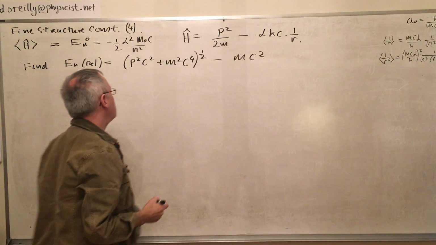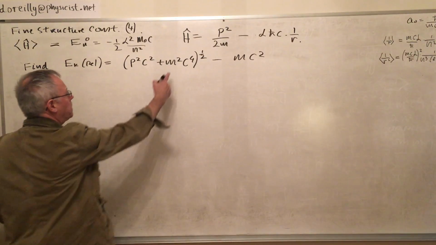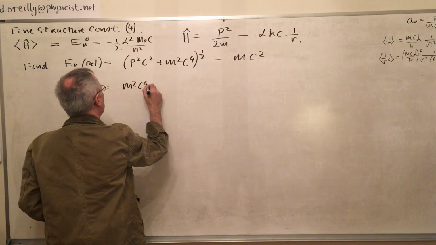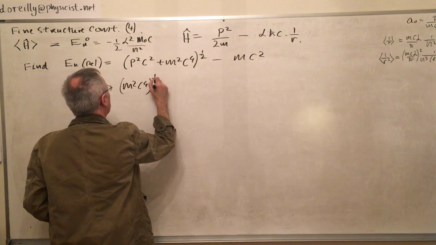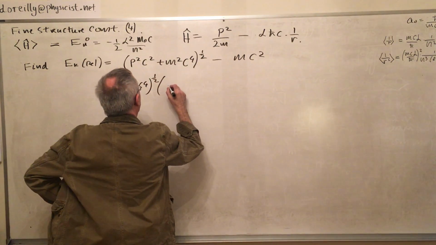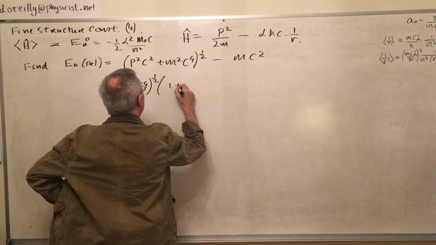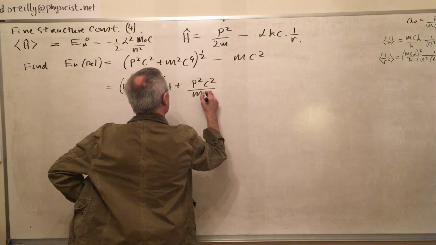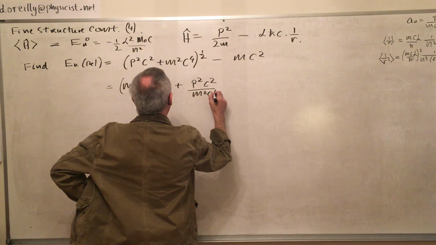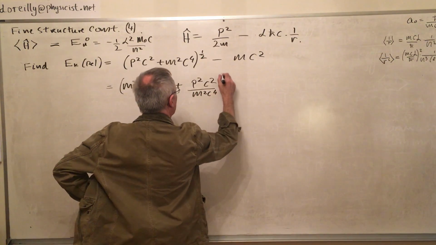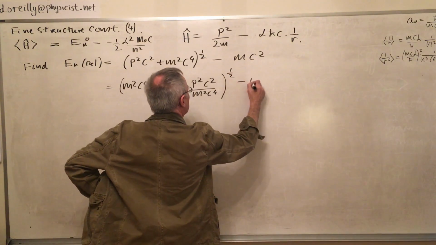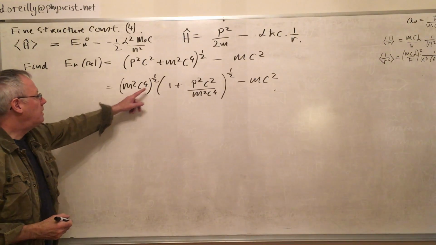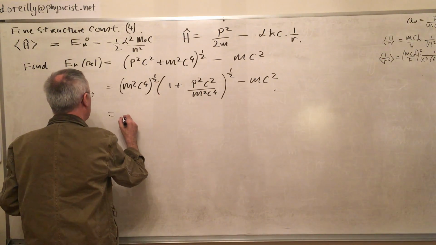Now this is the rest mass, and this is the rest mass. I'm just rewriting this by taking out a factor of a half, a factor of the square root of this.